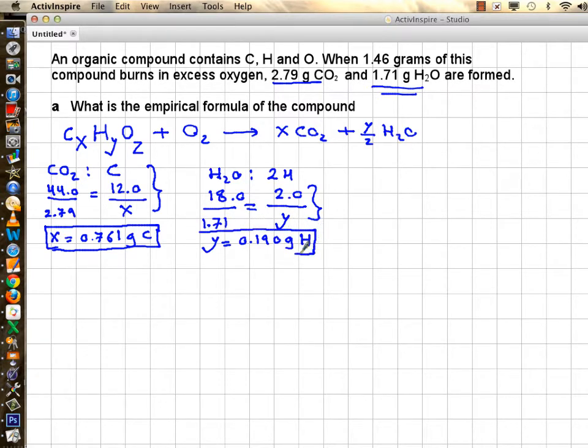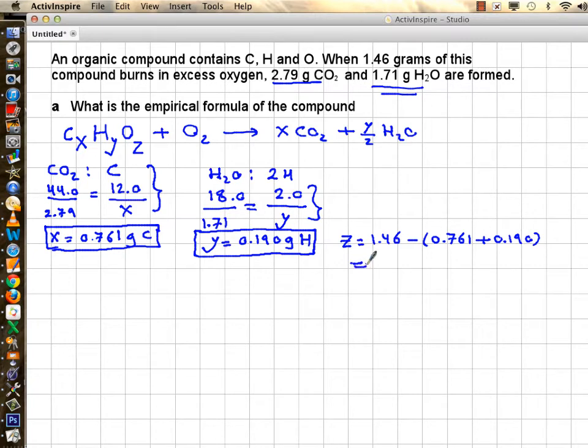Then we have to find out how much oxygen we have. If you add X and Y and subtract from 1.46, which is the total amount of the organic compound, Z, the amount of oxygen, comes to life. So Z is equal to 1.46 take away 0.761 added to 0.190.